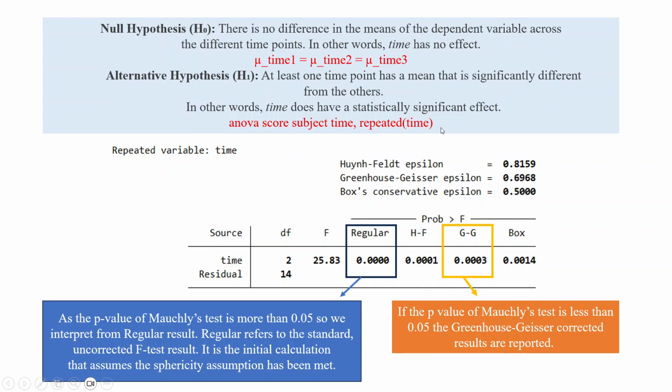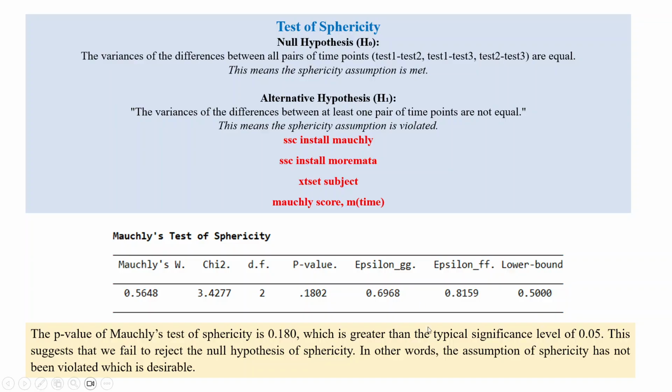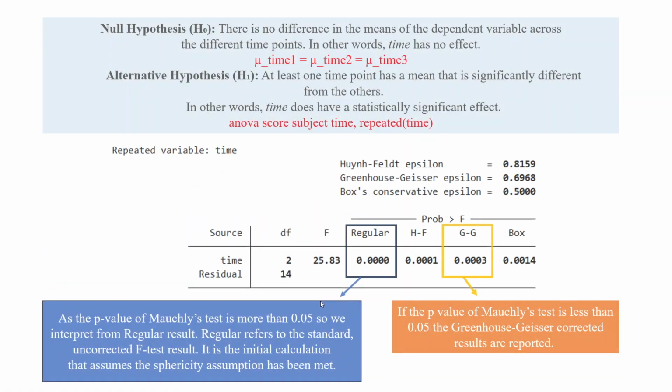Now, which values to see? It will depend on Mauchly's test, that is, the Mauchly's test p-value. This p-value. If the Mauchly's p-value is more than 0.05, you will have to see these regular values.